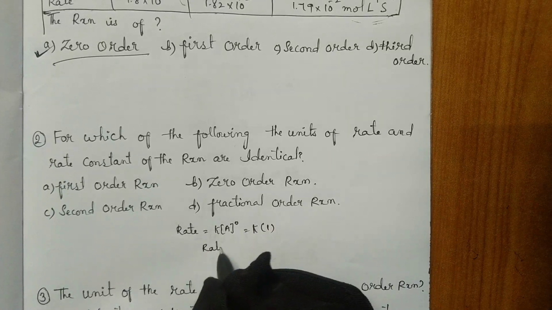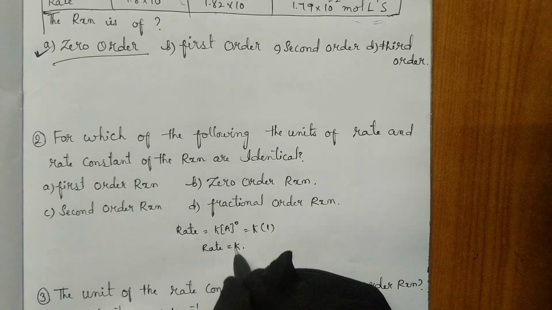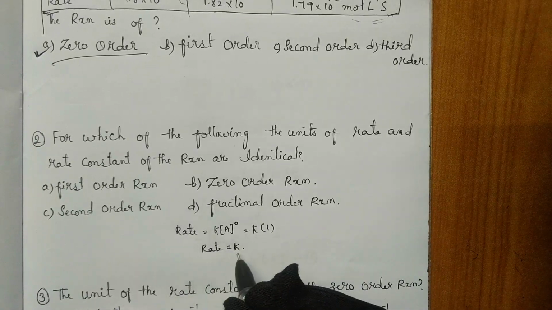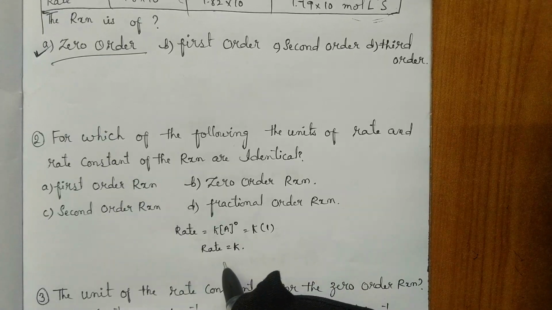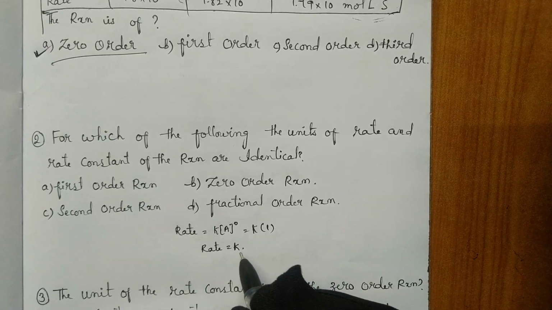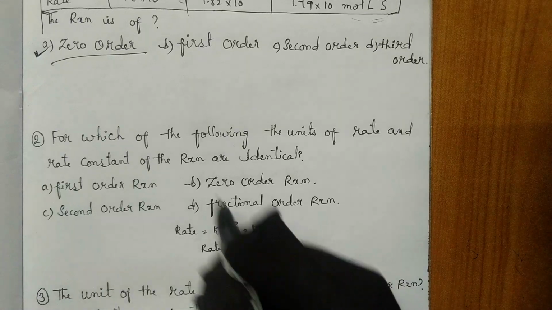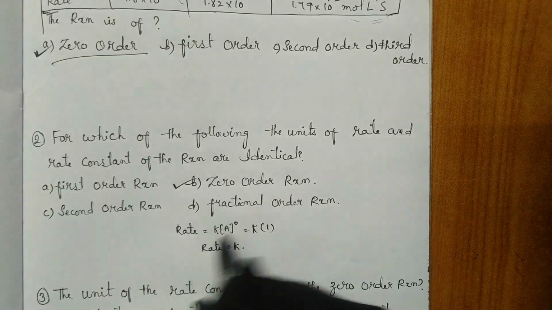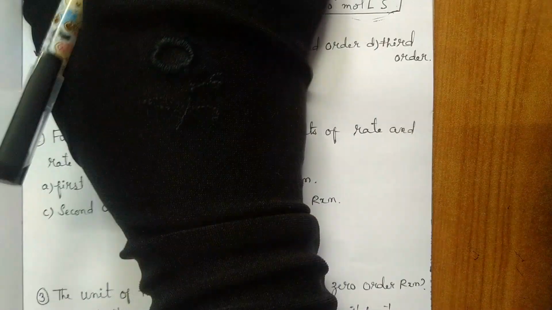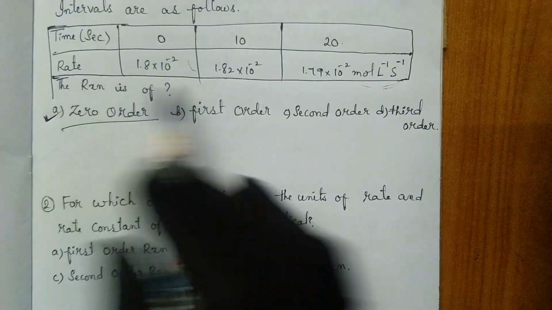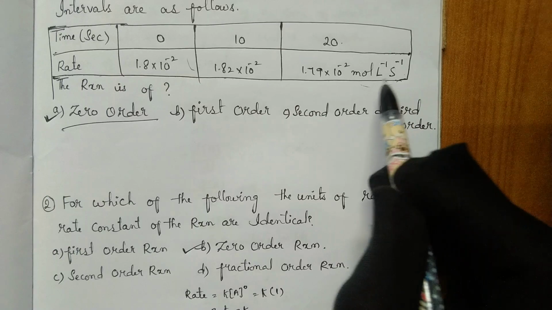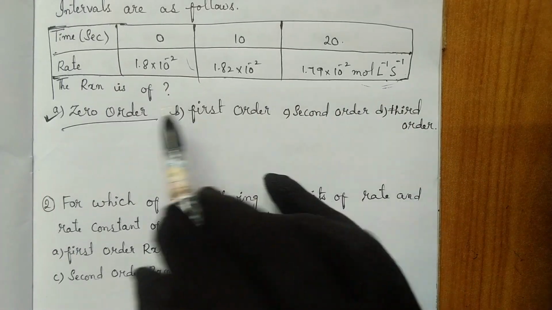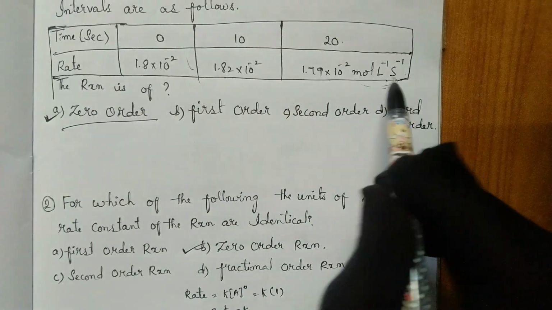So rate is equal to K, which means in a zero order reaction the units for rate and rate constant are the same. So option B is correct, zero order reaction. Here the units for rate are moles per liter per second, and the units for the rate constant of a zero order reaction are also moles per liter per second, right?